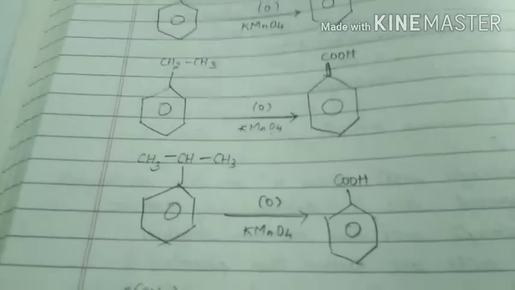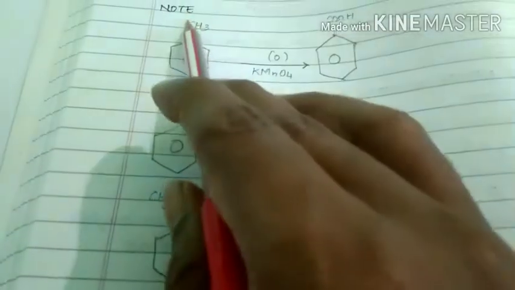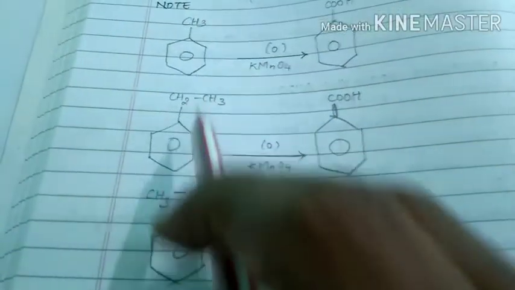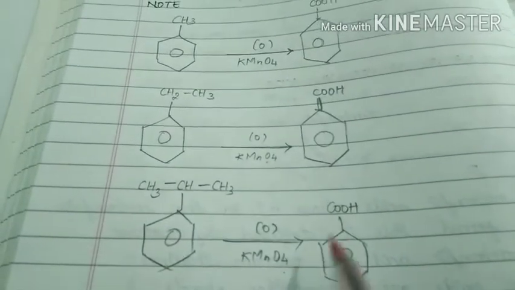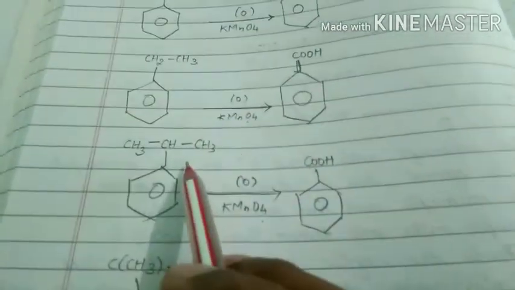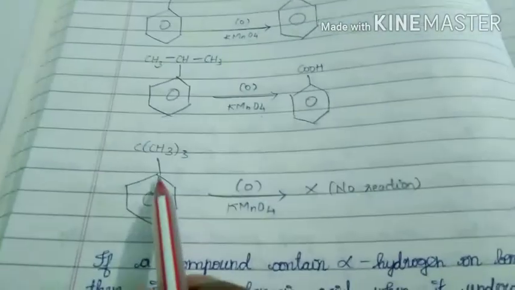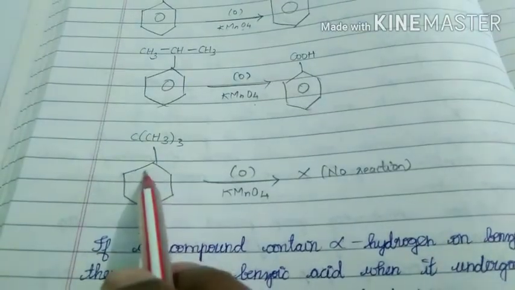So what is the point here? If the benzene has an alpha hydrogen, this is an alpha hydrogen, and when that compound undergoes oxidation in the presence of KMnO4, then that compound forms benzoic acid. If an alpha hydrogen is not there, see, C is (CH3)3 here, this is a substituent.